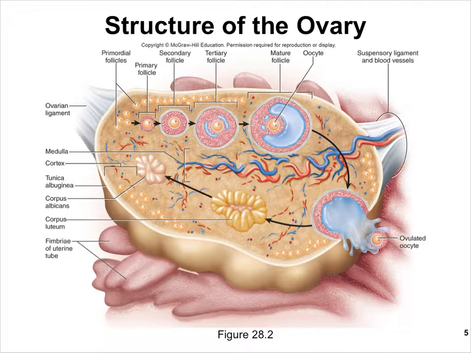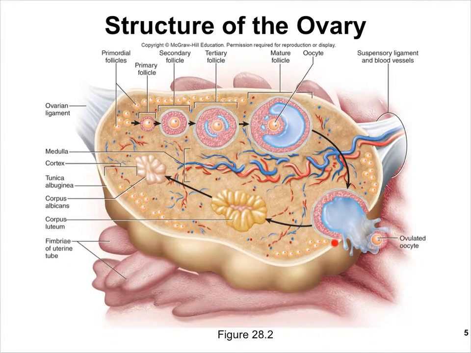Sorry, not uterine wall, ovarian wall, until eventually it pops. When it pops, the pressure of fluid inside of here sort of squirts the ovulated egg cell, or oocyte, out, basically pop, and it squirts out.